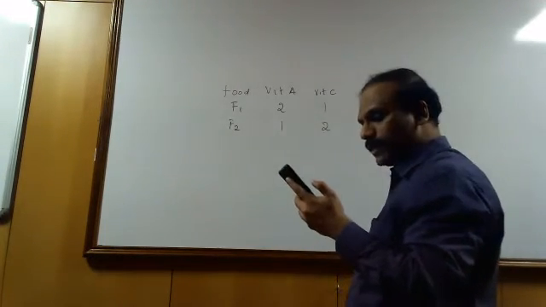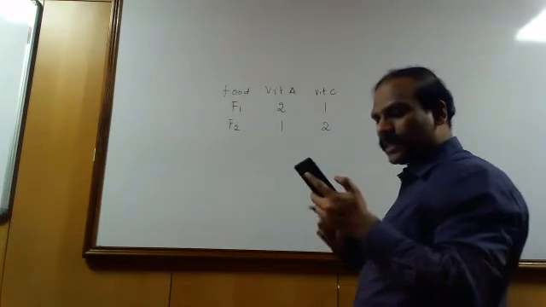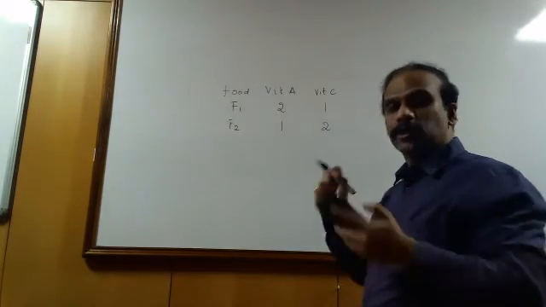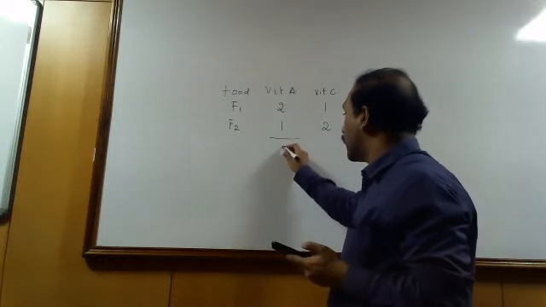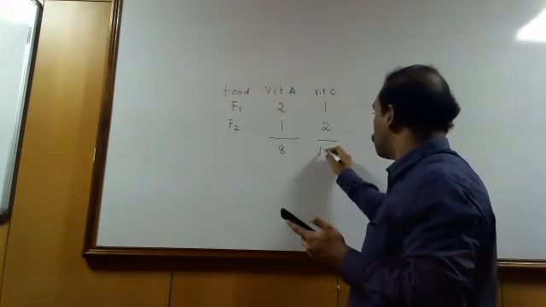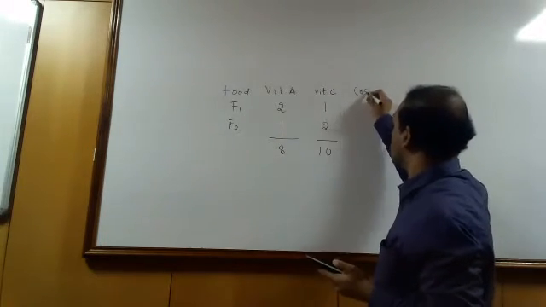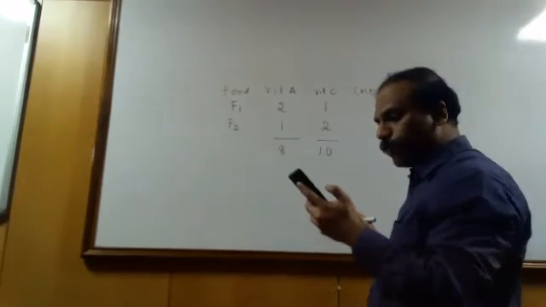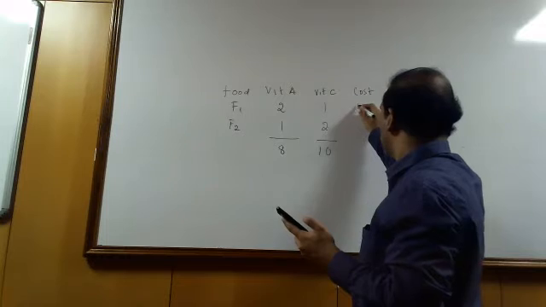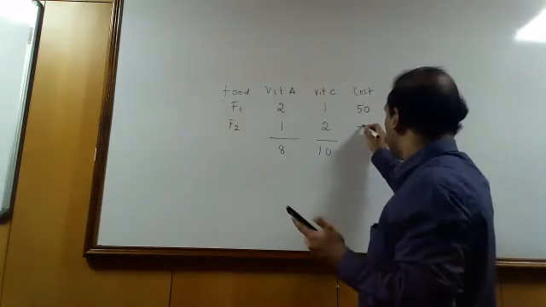They've given that you should prepare the food such that the mixture contains at least 8 units of vitamin A and at least 10 units of vitamin C. And finally, they've given the cost. 1 unit of food F1 costs 50 rupees and 1 unit of food F2 costs 70 rupees.